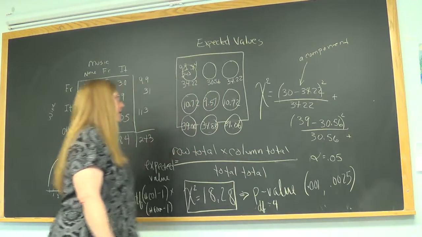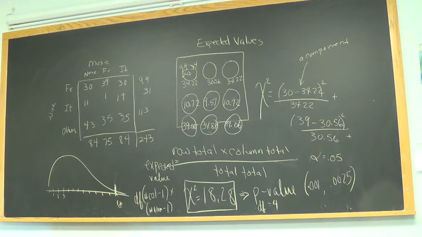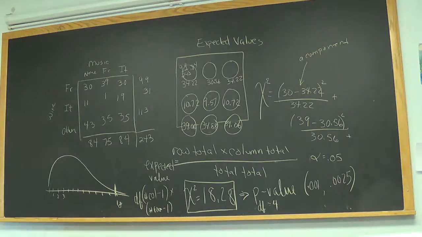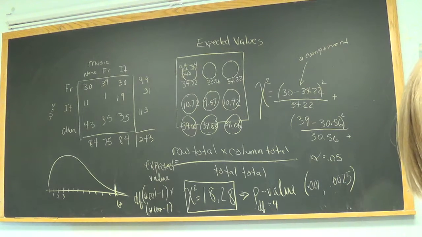The H sub 0 is that there's no difference in the distribution of wines purchased in the store with no, Italian, or French music playing. So we're rejecting, saying that there is a difference. Alright, so that is our conclusion.